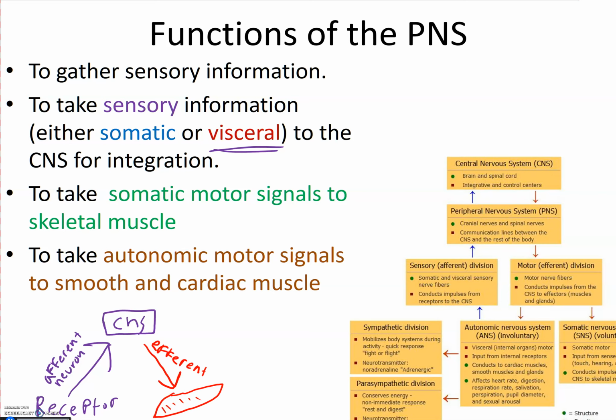And it's going to send signals on efferent neurons to muscles, in the case of the somatic motor, or muscles or glands in the case of the autonomic motor. So the function is to gather the sensory information, send it to the central nervous system, which decides how to respond, then that sends it either to our voluntary muscles for the somatic or our involuntary muscles for the autonomic.